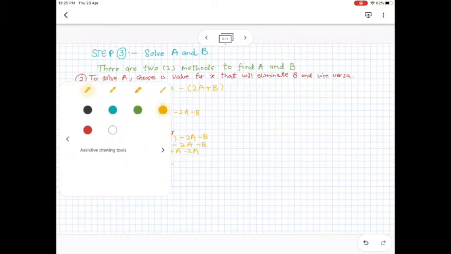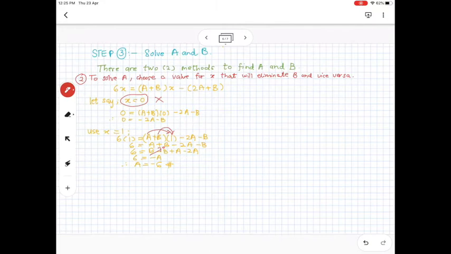Now, how about b? We need to find a different value of x. So we try to use x equals 2 in order to solve b.